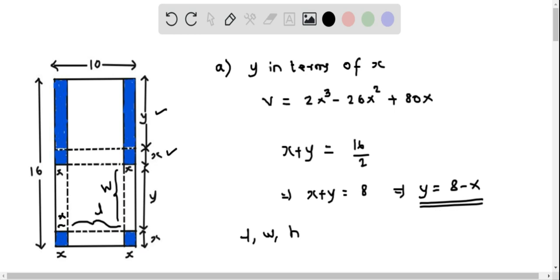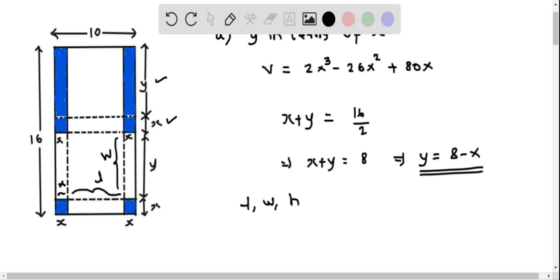First, we have to determine the length. Since a square piece of x centimeter is cut from two corners, the length will be the total length of this side, that is 10, minus the sum of these two side lengths, that is x plus x is 2x. So basically L equals 10 minus 2x.